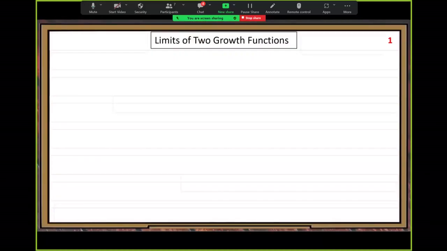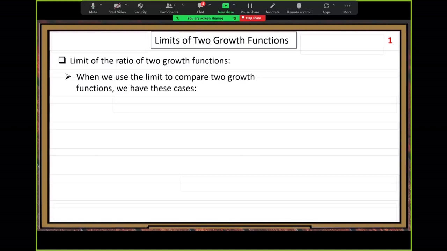All right. So let's look at this limits of two growth functions again. When we consider the limit of the ratio of two growth functions, we want to look at all the possible cases. In the previous slide, I already listed the 4 cases. Remember?